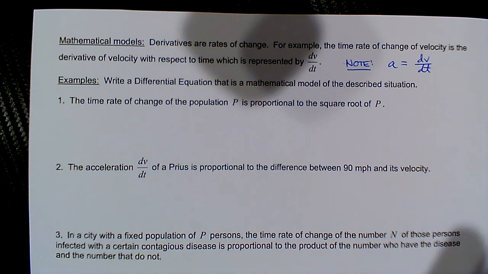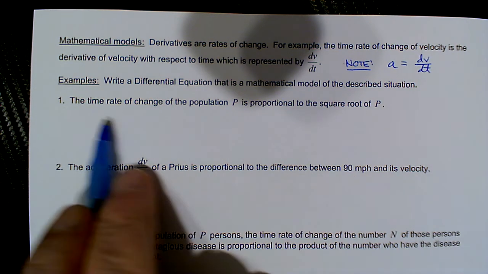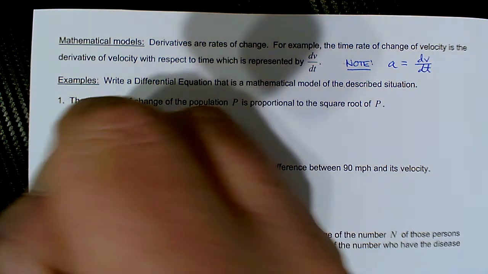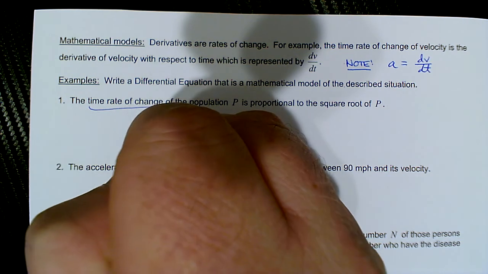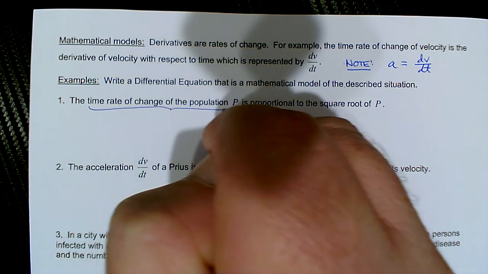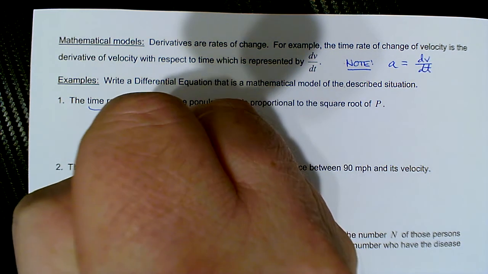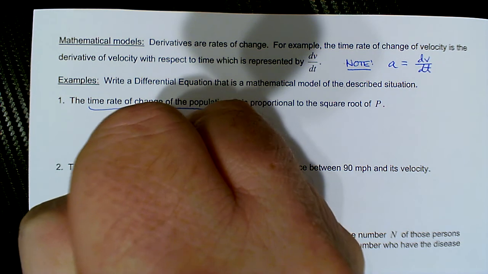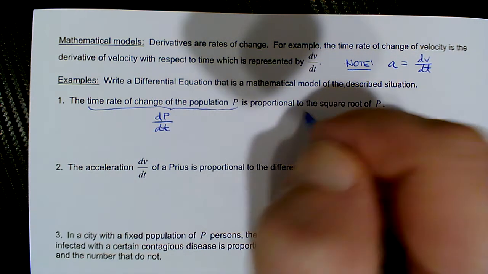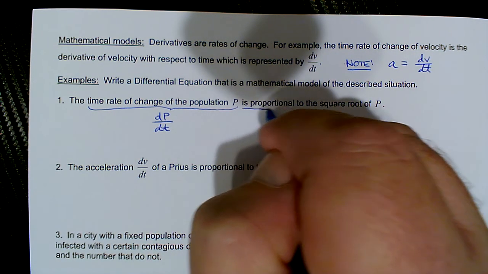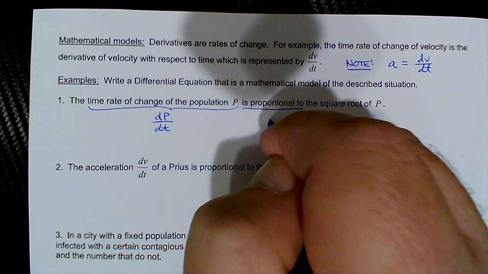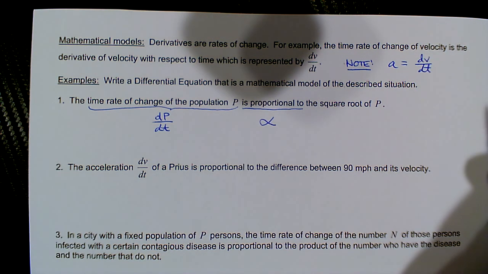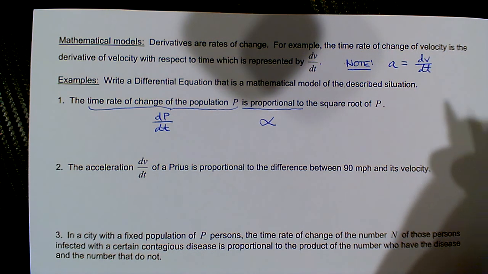So this is telling us a derivative, in particular derivative of the population with respect to time, is proportional to, okay, the proportionality symbol is the Greek letter alpha, and then the square root of the population, p. So the square root of p.